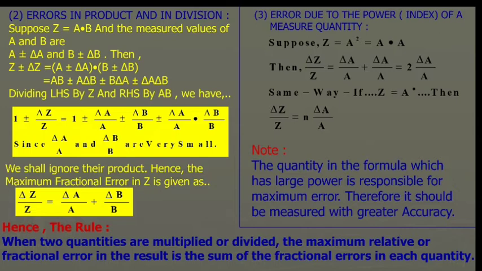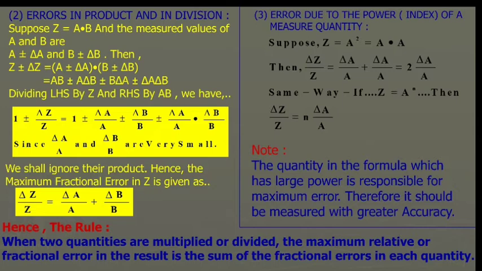Suppose Z is equal to A into B and the measured values of A and B are A plus minus delta A and B plus minus delta B. Then Z plus minus delta Z is equal to A plus minus delta A into B plus minus delta B, equal to AB plus minus A delta B plus minus B delta A plus minus delta A into delta B. Dividing left hand side by Z and right hand side by AB, we have 1 plus minus delta Z upon Z is equal to 1 plus minus delta A upon A plus minus delta B upon B plus minus delta A upon A into delta B upon B.